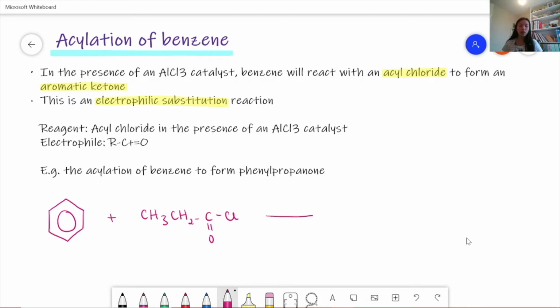And so in the presence of an aluminium chloride catalyst, what we form is the benzene ring, but this time we have a C=O, and then we have CH2CH3, and this is our phenylpropanone.